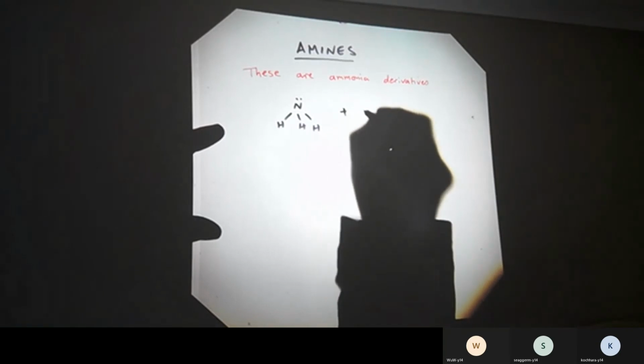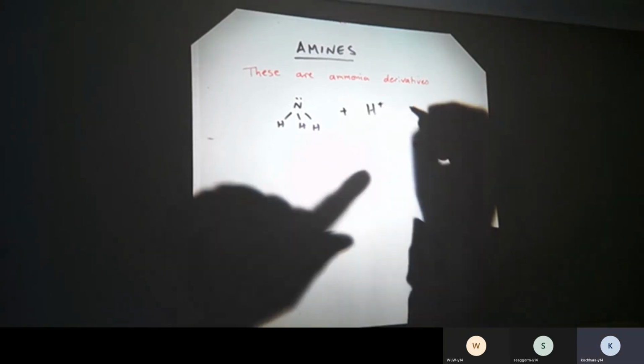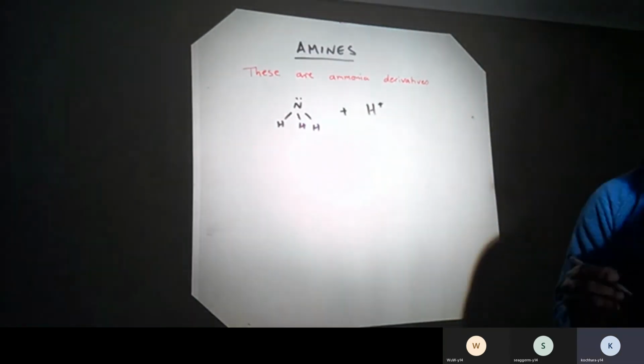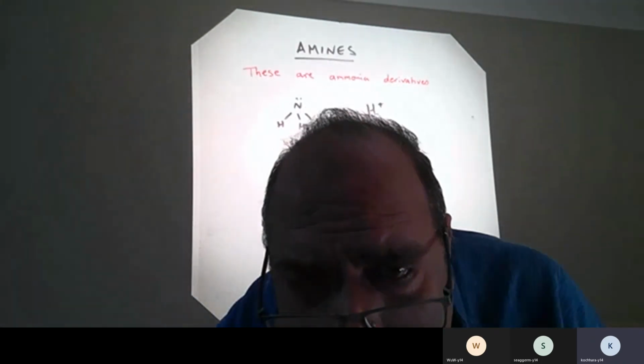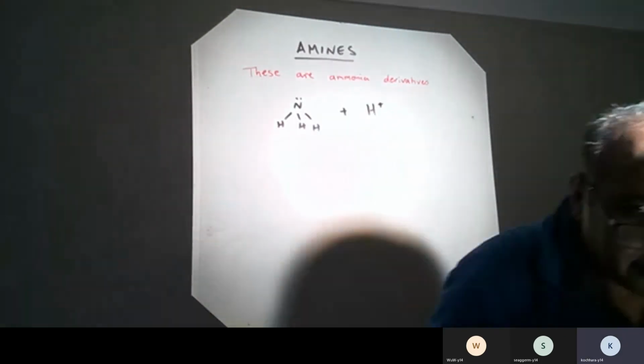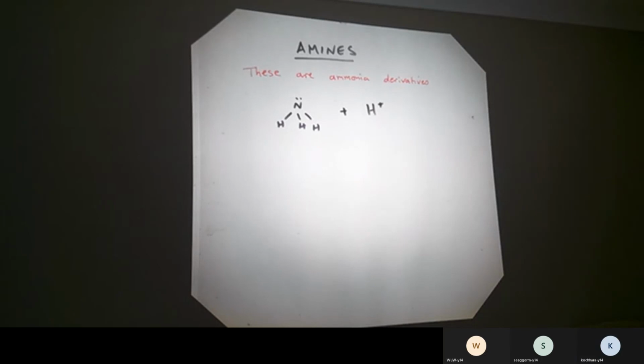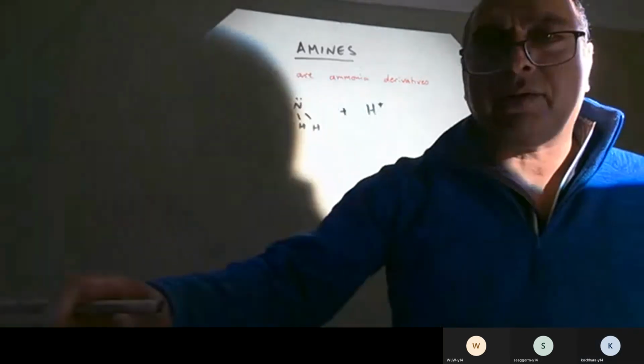So say we have a H plus. Adjust the camera because we can't really see. Sorry, just will you say anything? Oh yeah, we can't really see the projector fully. You can't see the projector if I'm talking to you? No. Can you see it now? No, it's still the same. You can't see it now. Okay, sorry.